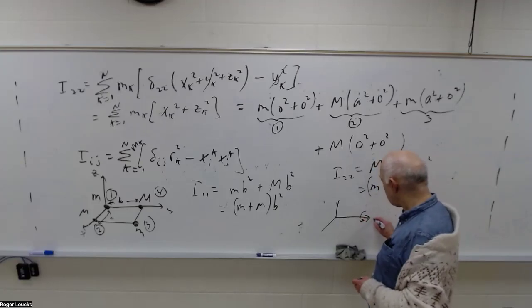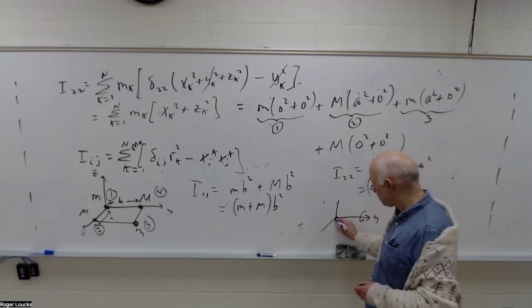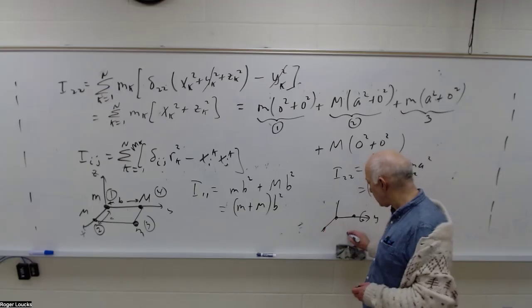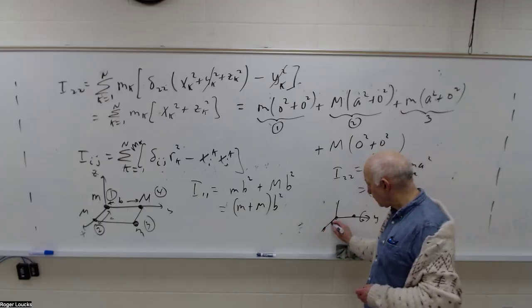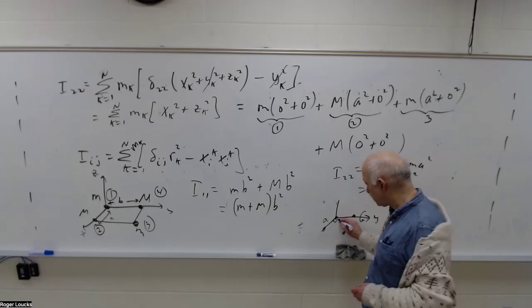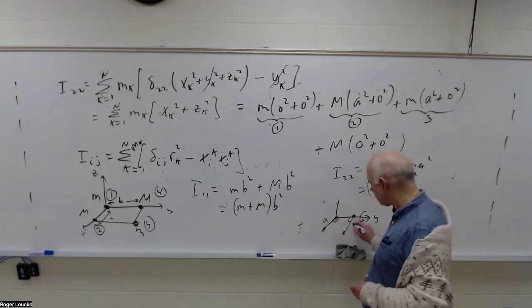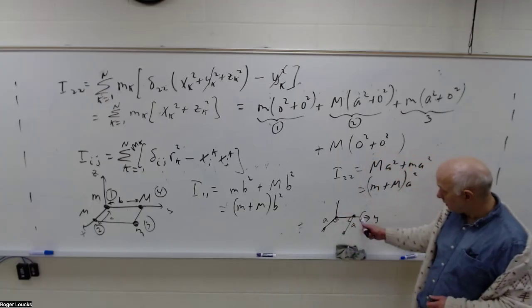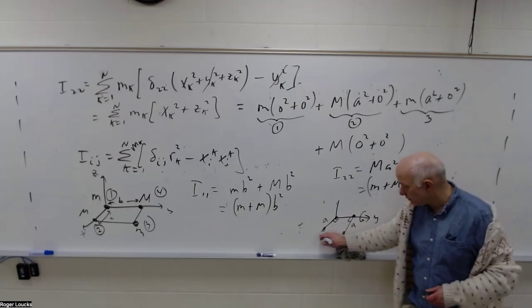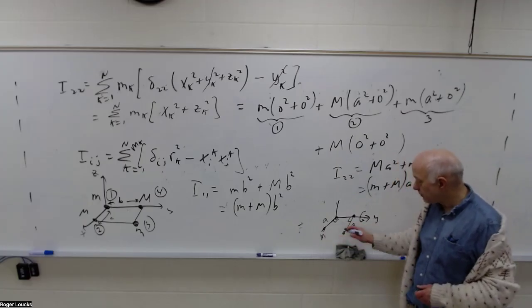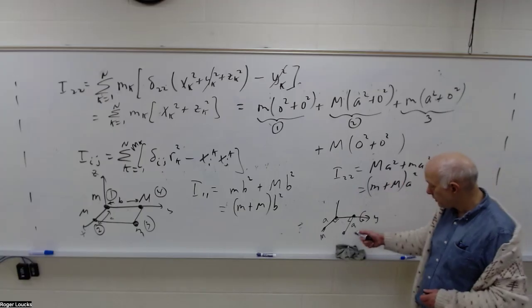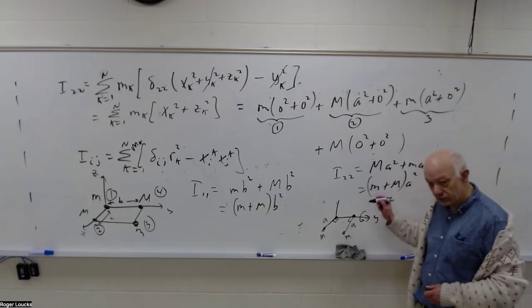Right. This is my y-axis. So which way do I have? This guy, this guy, this guy, and then this guy. And this right here, this is my A, that's my perpendicular distance here. So I'm getting a 0 here, a 0 here, and then this one's giving me a big M. So I'm getting a big M a squared from this. And this one's giving me a little m a squared here.